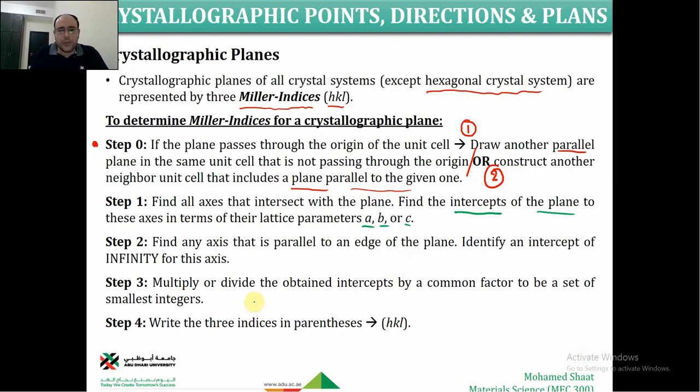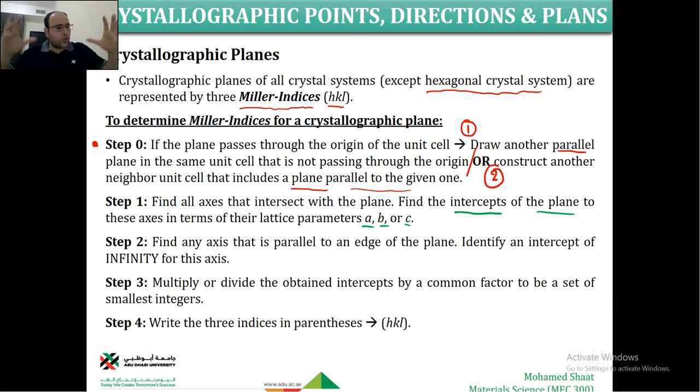Step 3, your objective is just to multiply or divide the obtained intercepts by a common number or a common factor to get a set of smallest integers. Very similar to what we used to do for the crystallographic direction.